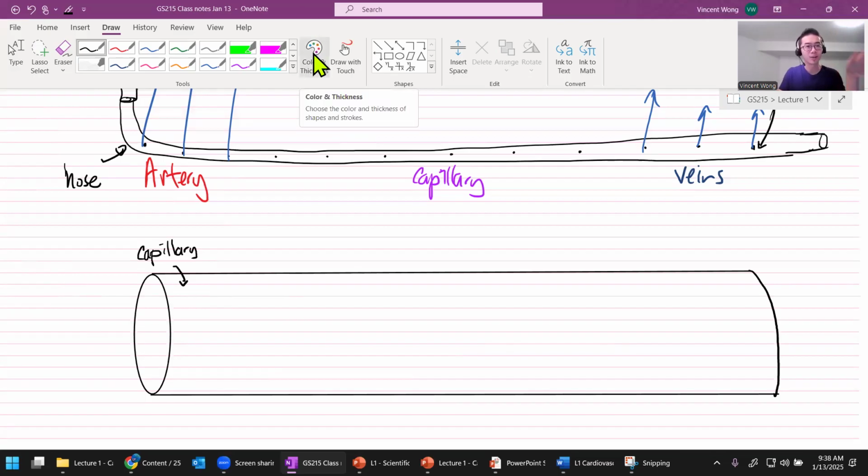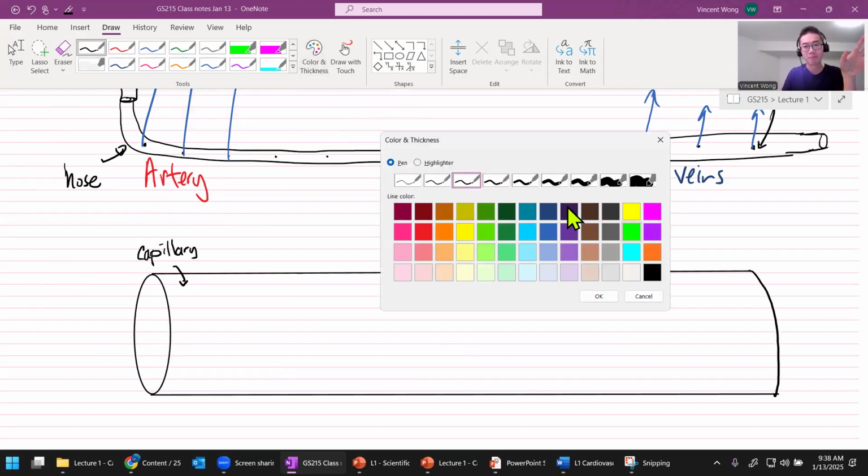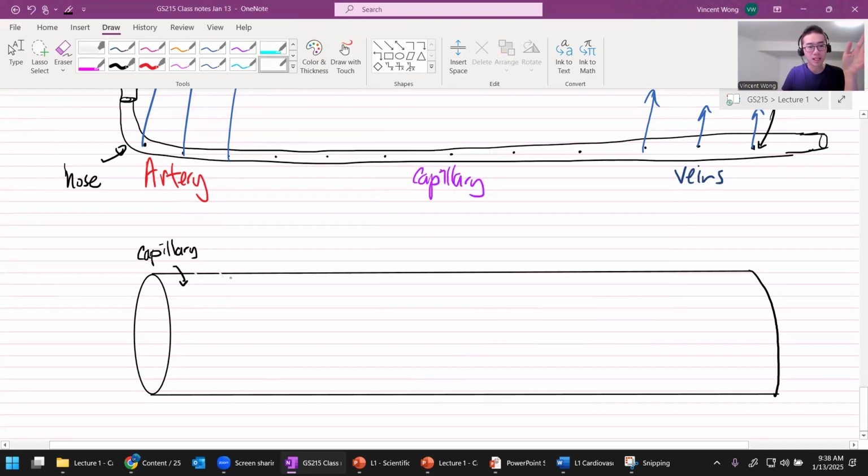I don't know if you use a pen or pencil, but what I want to do next is this. The capillary actually is leaky, so I'm going to put some gaps in it. If you're doing this with a pen, you might want to do dotted lines. There are some gaps here and there. I needed to stop you before you draw the whole thing. If you're using pencil, then it's fine.